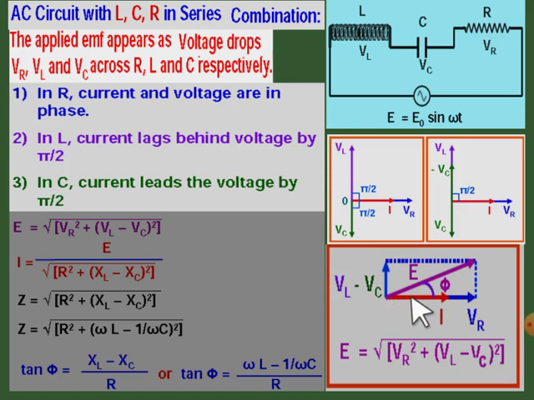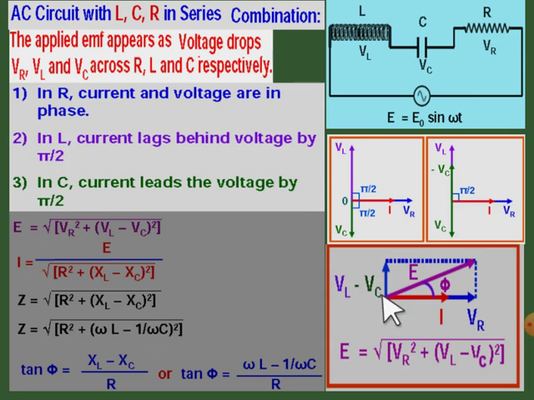So we can have two vectors: VR along the x-axis and another vector along the y-axis, VL minus Vc. If you complete the parallelogram, in our case a rectangle, then the diagonal will give you the resultant of VR and VL minus Vc.